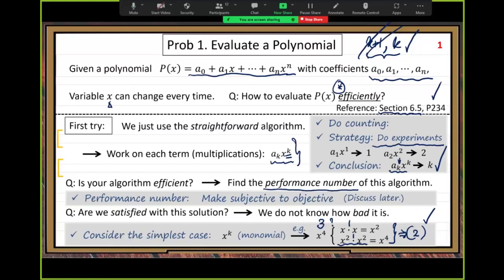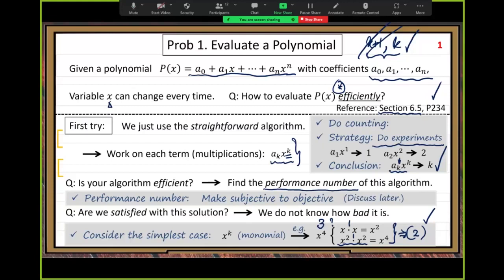We do not need to go through x cubed. We just bypass x cubed. So we can jump to x to the fourth in a faster way. In this way, you can see we can do better. Think about that.